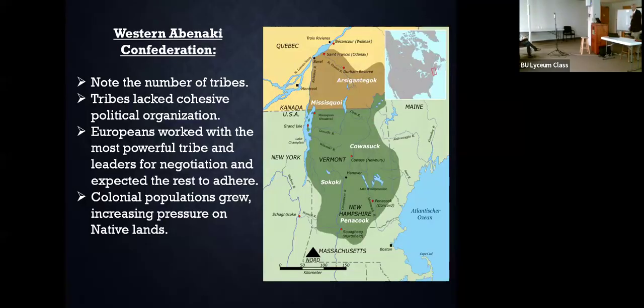Who are the Wabanaki or the Abenaki? And you can see that I've even changed the spelling periodically. The reason I show this is that there was a confederation. It was looser than the confederation that existed among the Iroquois. But there was another important element because they lacked political cohesion. The British said, who's the leader? I mean, that's what we're used to. You got to have a leader. And somebody would step up and say, well, I'm the leader.